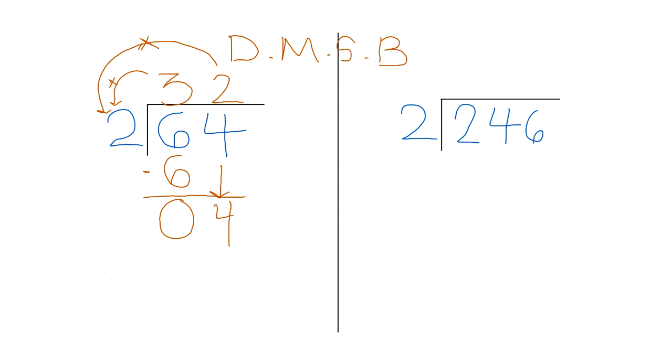How many times does 2 go into 4? 2 times. Now multiplication. 2 times 2 is 4. Pay attention to where I put it. It stays where you put the 2. They have to stay lined up. Next step is subtraction. And in this case, we don't have to bring down because we are finished.